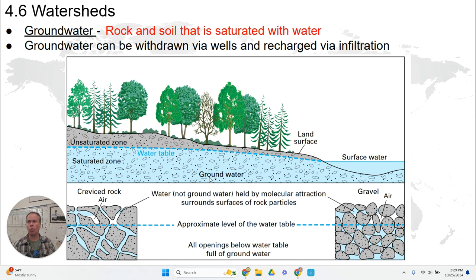We can withdraw water from the ground using wells and extract that water and use it. That groundwater can be recharged over time through precipitation and infiltration. When water seeps in through the unsaturated zone into the saturated zone, that can recharge the groundwater.